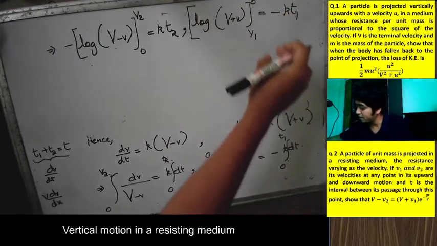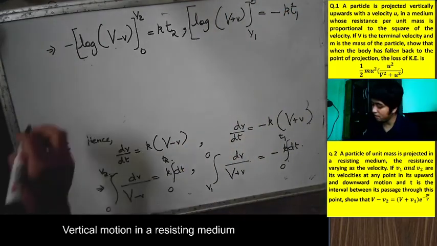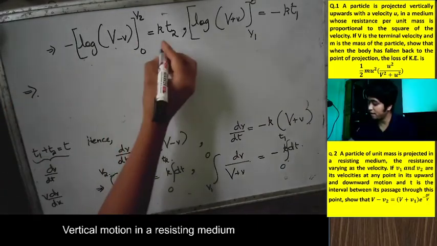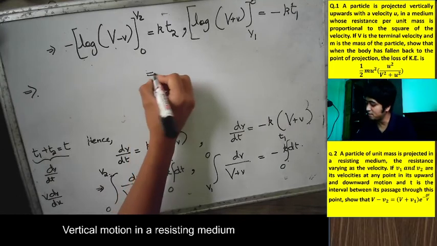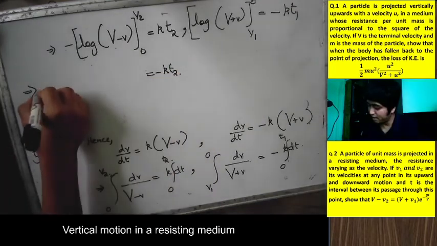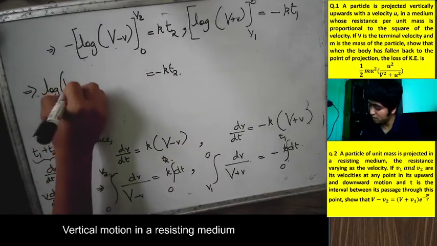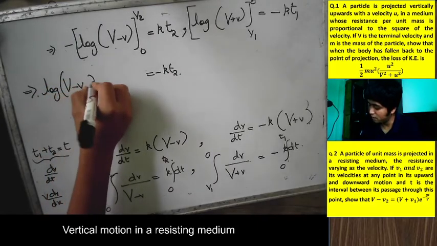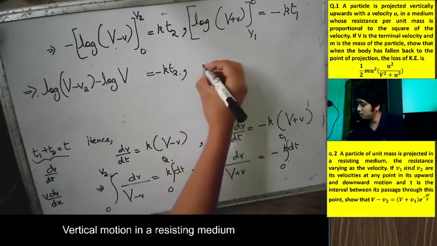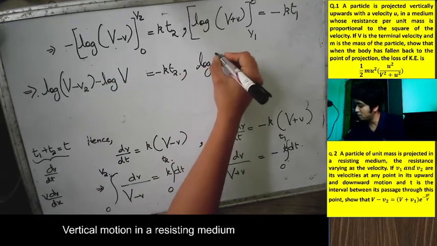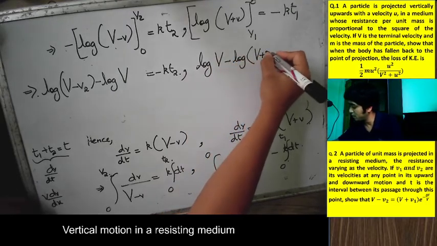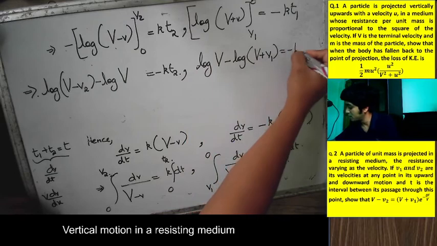After integrating and putting the limits, you will have this. You can take this minus to this side so that it won't look too confusing. We can just substitute the limits.